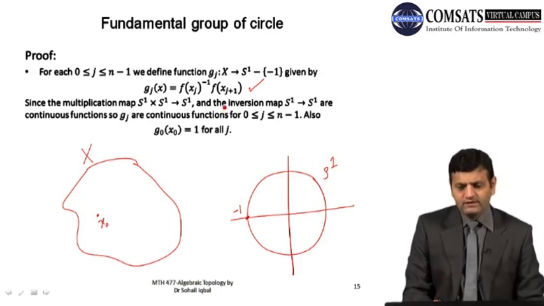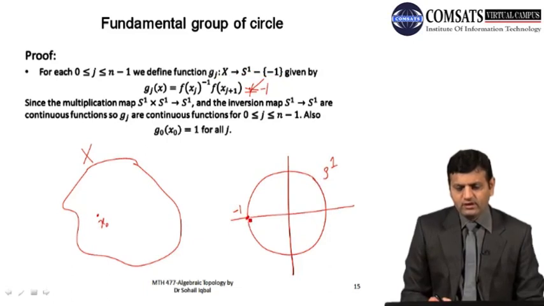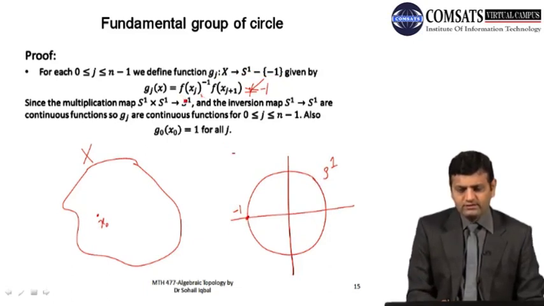Now we have seen that this output is never going to be equal to -1, so that's why this is a function from X to S1 minus {-1}. So this point is never going to be in the output of this function. So why is this product an element of the circle? We know that f is a function from X to S1.